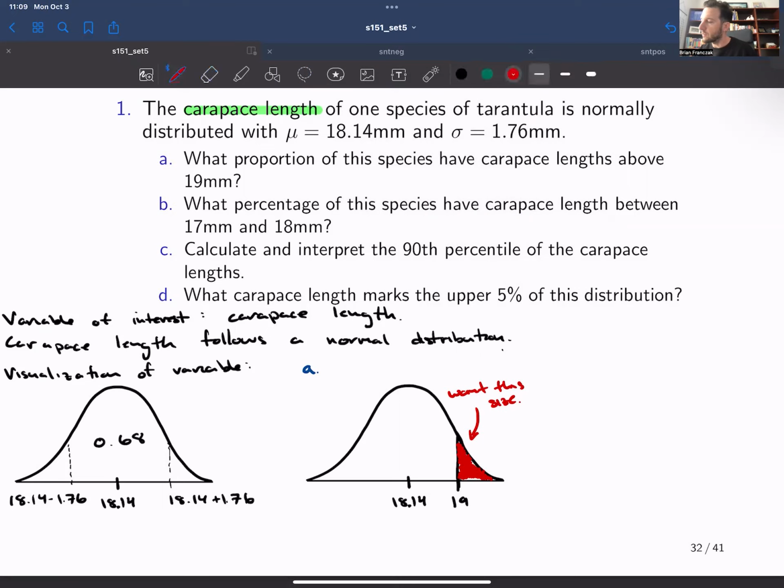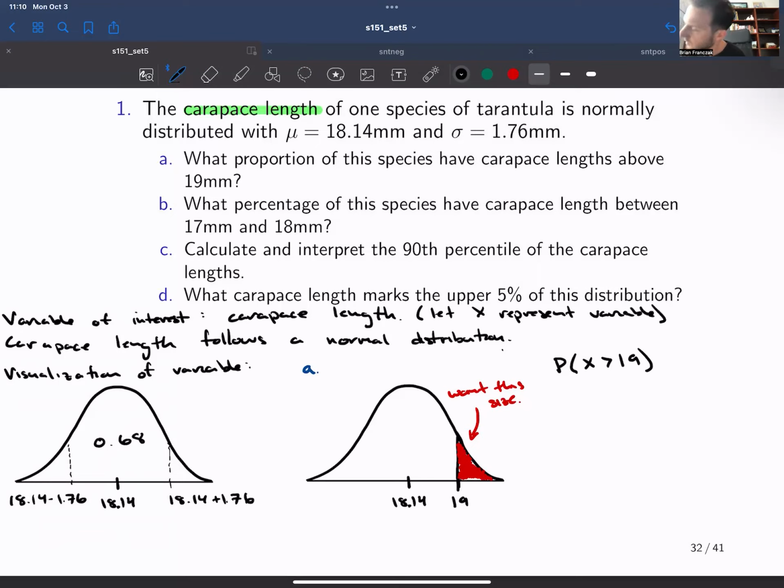All right, so to solve this, all we're going to do is actually turn this into a standard normal problem. So we have, in terms of probability statements, the probability that x is greater than 19. Okay, so I'm letting x represent the carapace length. And that's pretty standard.